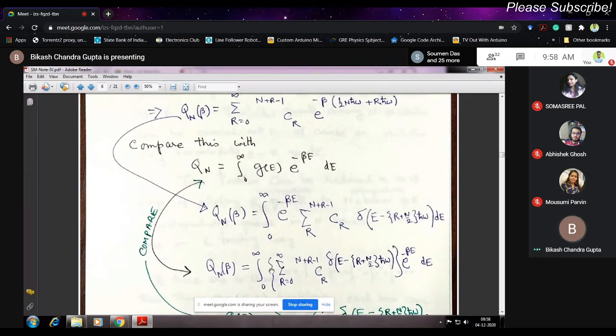These two expressions are the same, only this is written in a different manner, introducing this delta function. Now if you compare, this is this, and this should be the same as this, and this is unknown, right? And now if you compare these two equations for Q N, then you see your g of E is nothing but this expression, right?